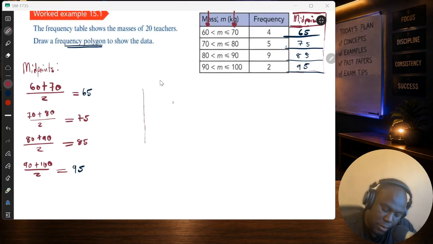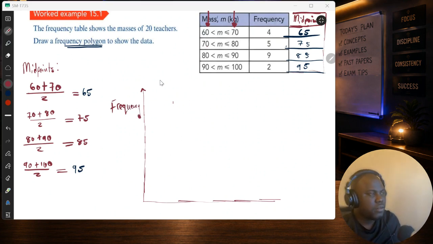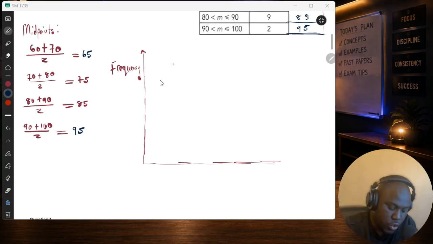Remember, your frequency polygon is like this. Oh, sorry, this is going to be the frequency. Always the frequency comes here. Always. Frequency goes on the y-axis.